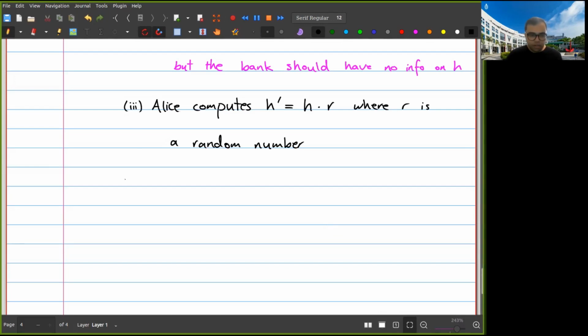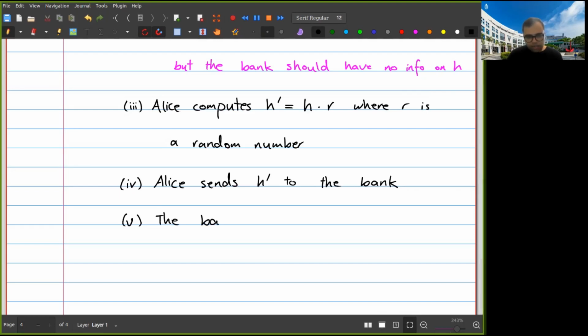So step 4, Alice sends H prime to the bank. And step 5 is that the bank signs H prime and sends the signature back to Alice.